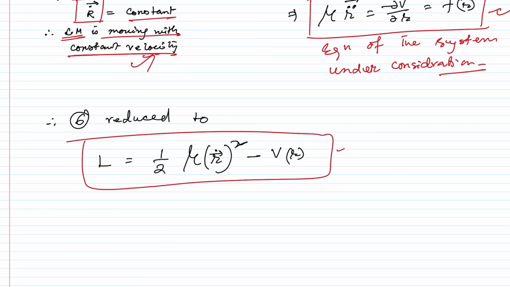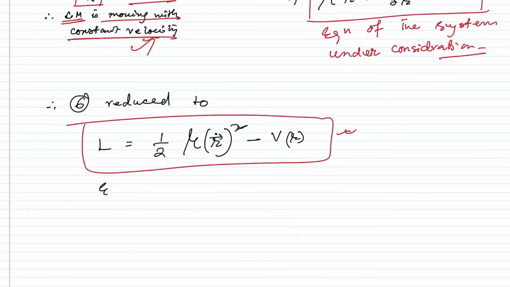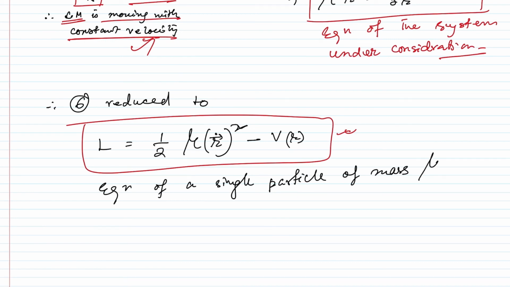If you observe the equation, it seems to be the equation of a single particle of mass, sorry, not mass m, mass mu, moving with velocity small r dot.